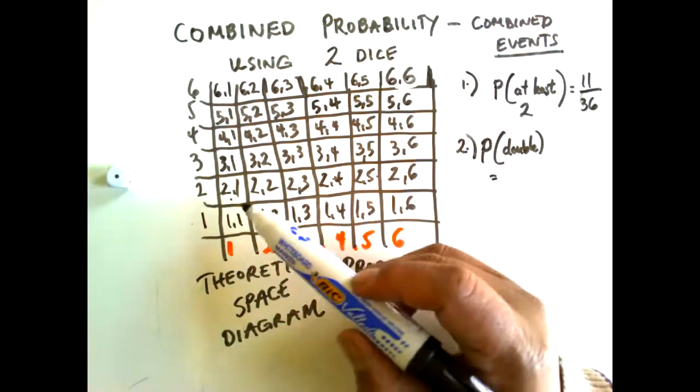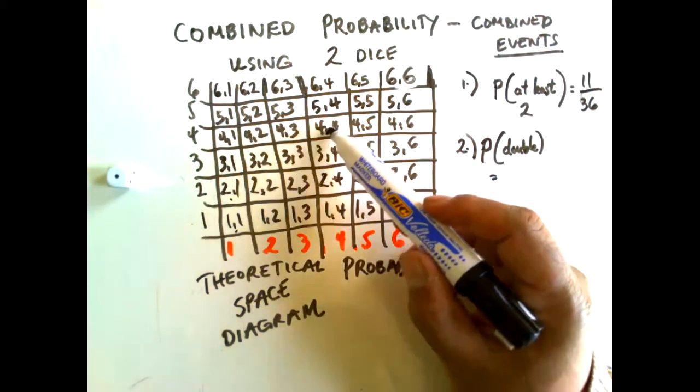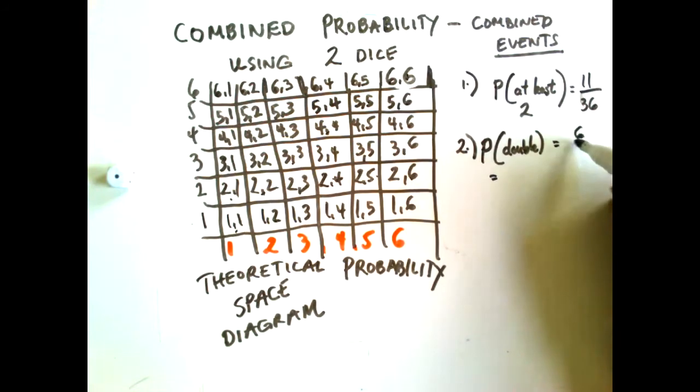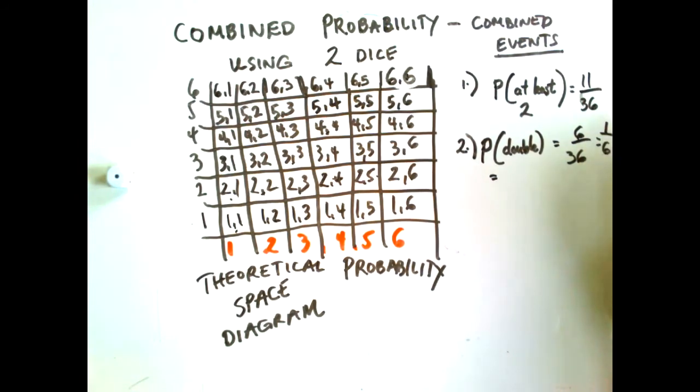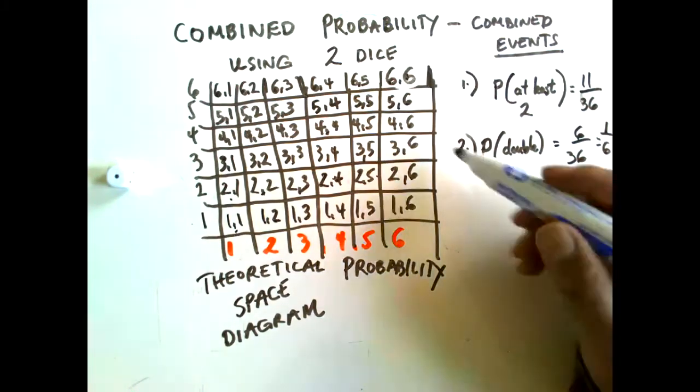Here we had one, two. Where's the double here? One, two, three, four, five, six. So it's really 6 out of 36, and then you simplify this into 1 out of 6. So that's how you really would do this.